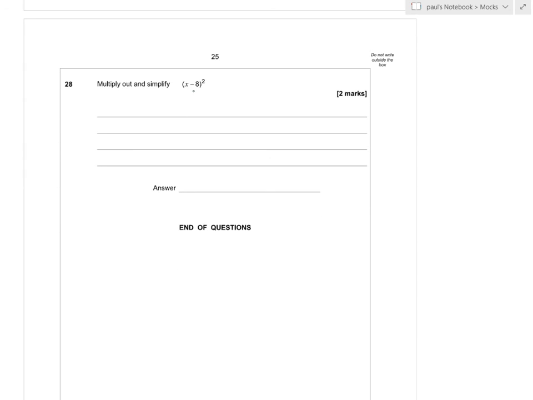Multiply out and simplify. Now don't be tempted to just write x squared minus 64. No way. Write the brackets out in full. And then we use FOIL. FOIL out the brackets. x times x is x squared. Minus 8 times x is minus 8x.